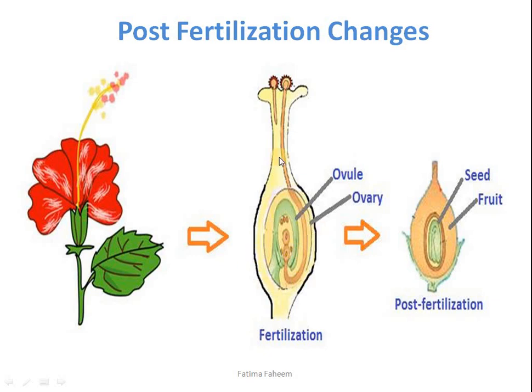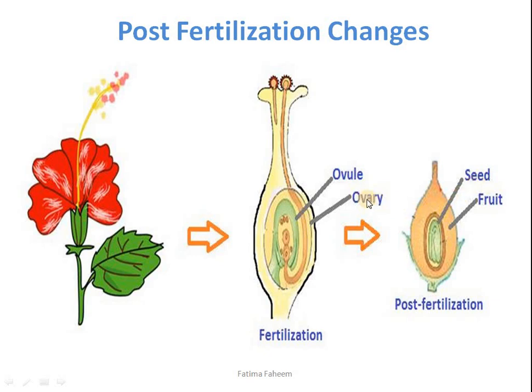After fertilization, the structure won't remain the same. It will undergo different changes, leading to modification in the structure. In the post-fertilization diagram, I have not shown you the stigma because it will wither off once the pollination is done. So after fertilization, the ovary would become fruit while the ovule would become the seed.